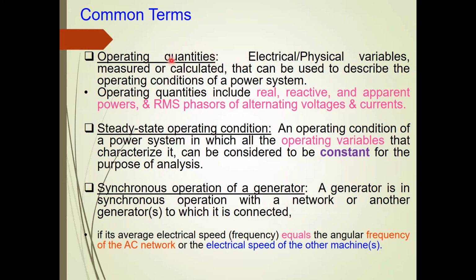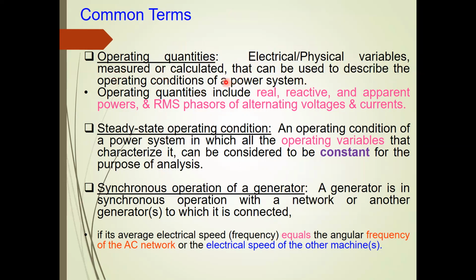Electrical variables are like voltage, current, power, active power, reactive power. Physical variables could be, because frequency is an electrical signal, but when you talk about speed, that is a physical variable. These variables describe the operating condition of a power network.